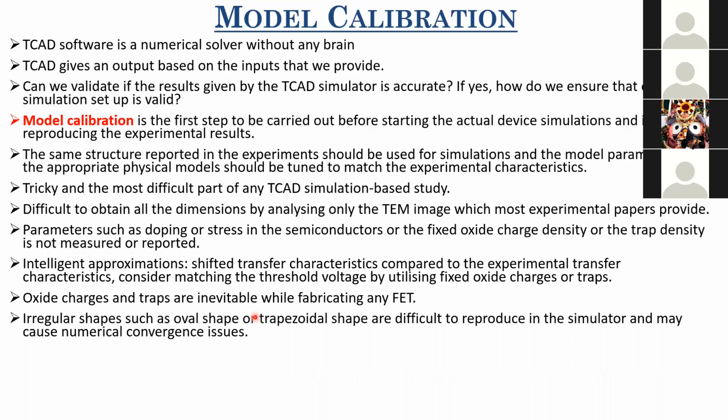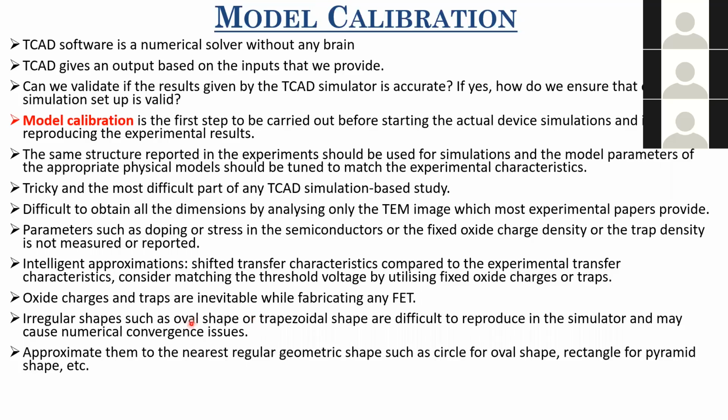Also, because of the introduction of those obtuse angle triangles, there can be numerical convergence issues. So in that case, what should we do? We should approximate these shapes to the nearest regular geometric shape, such as a circle for an oval shape, or a rectangle for a trapezoidal shape. However, you have to be very cautious. The effective width of your channel, for instance in the case of a MOSFET, has to be the same, even when you are converting a trapezoidal shape to a rectangular shape, or using a circular shape for an oval shape.